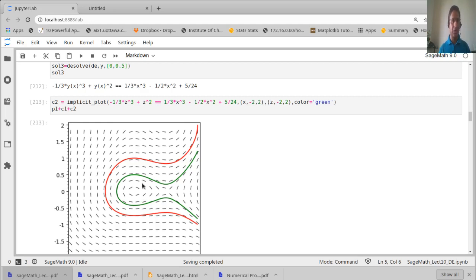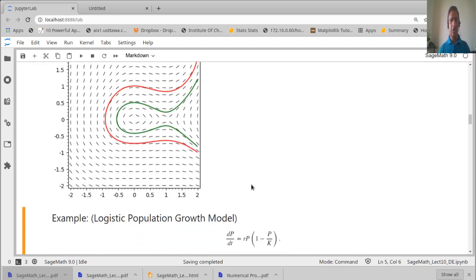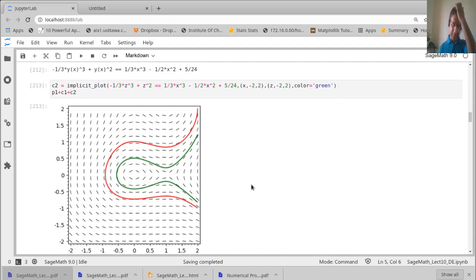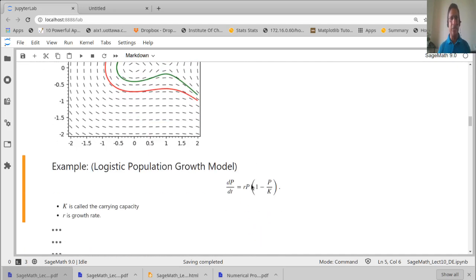In fact you must have seen in your differential equations course that solution curves will not intersect. Okay, so this is a simple example. Let me give you another example. I am sure you must have seen this model, which is quite popular among population models.